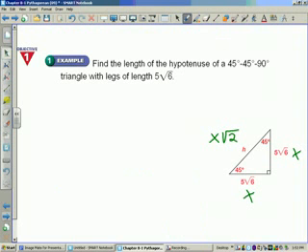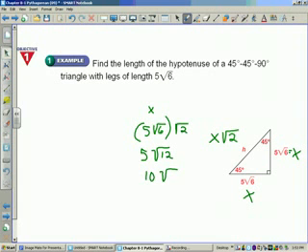So now I can just substitute, because x equals 5 roots of 3, so I have 5 roots of 6, to substitute in for x times the square root of 2. So this is 5 times the square root of 12, which is 10 roots of 3, because 12 is 4 times 3. I can take the 2 out, leaving the 3 under the radical. 2 times 5 is 10.